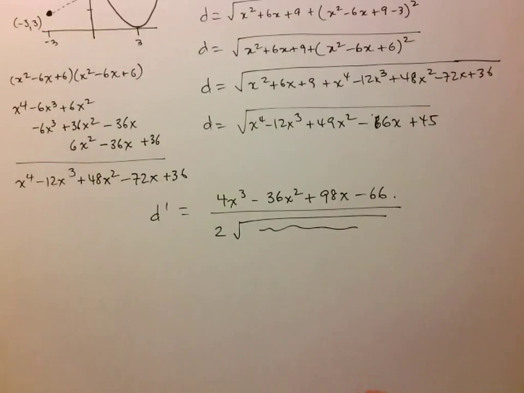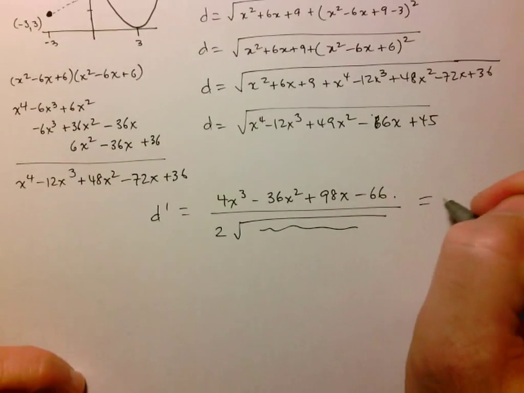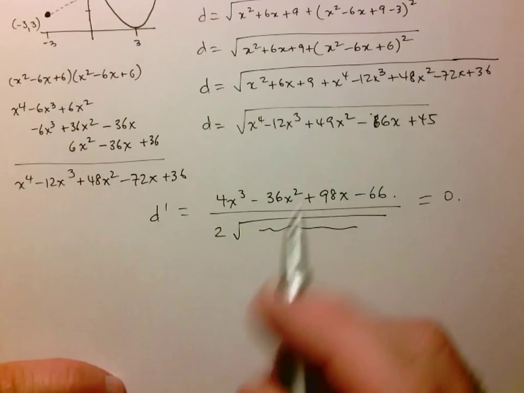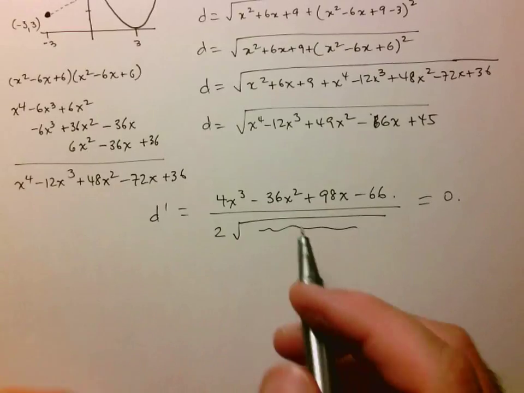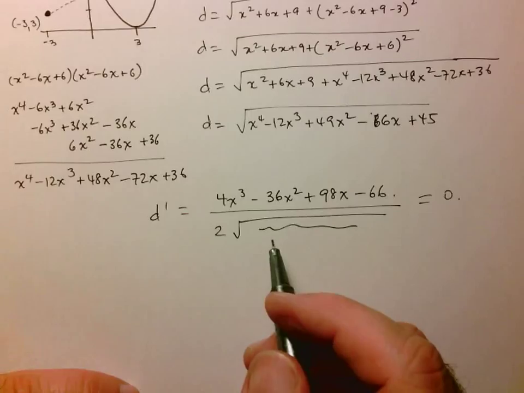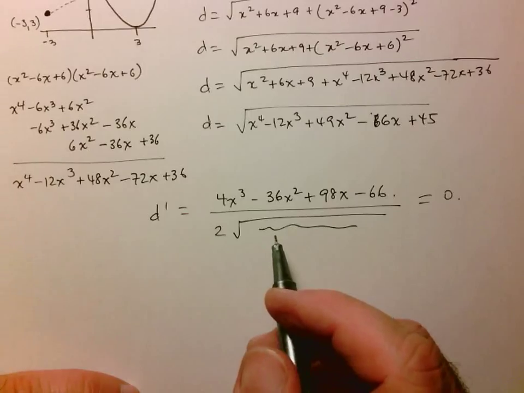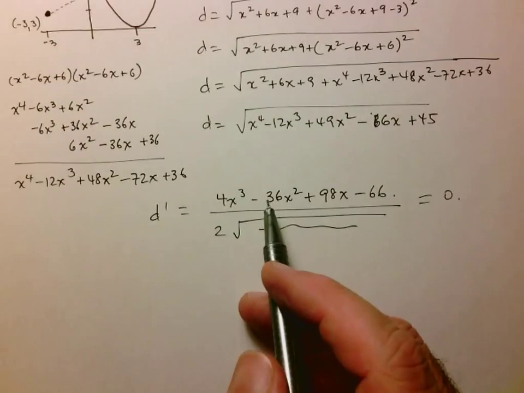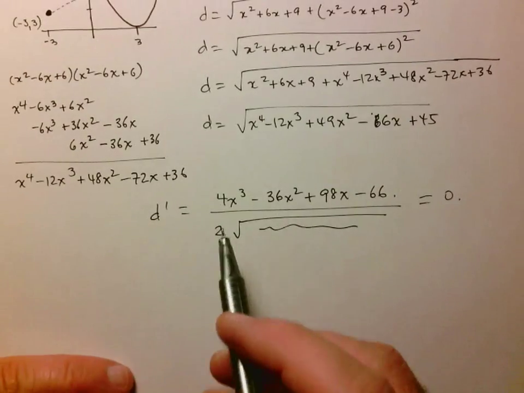Okay, so we need to determine when this is equal to 0, which of course is going to occur when the numerator is equal to 0. So I could start trying to use the factor theorem here, and let's just check to see if there's some easy ones.